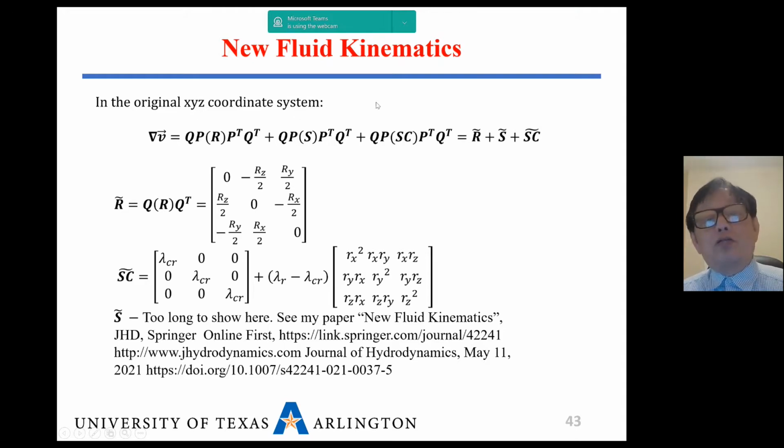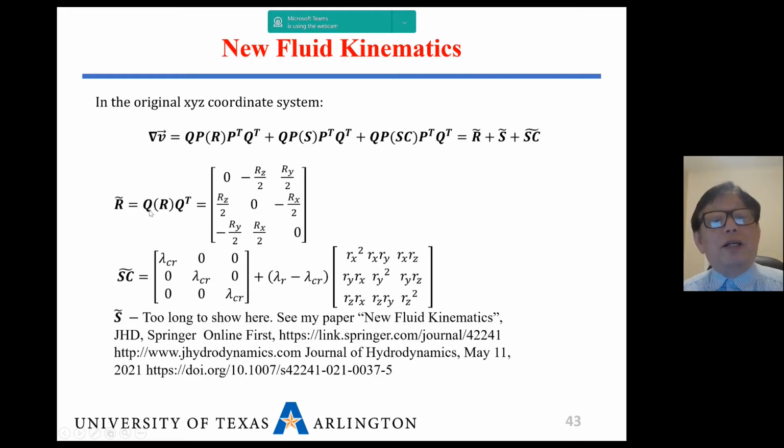Otherwise, we cannot do the derivatives and the integration. Because we already rotated the original coordinates, we must rotate them back by the Q and P transform. In the principal coordinates, we have three parts, R, S, and SC. But now we come back, we get R tilde, S tilde, and SC tilde, representing rotation, shear, and stretching.